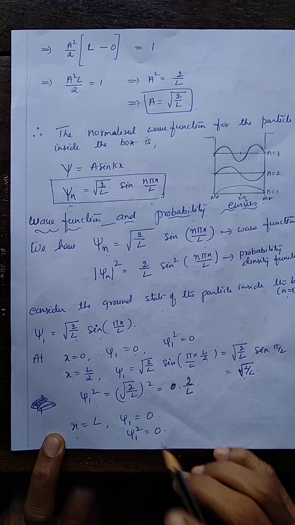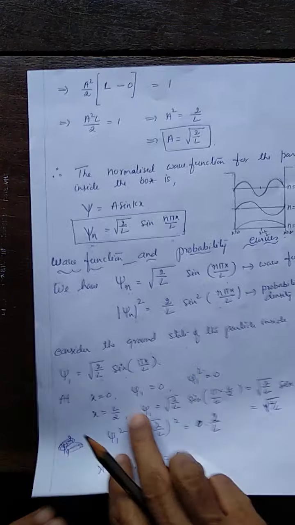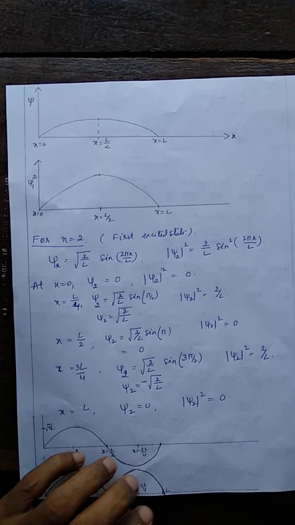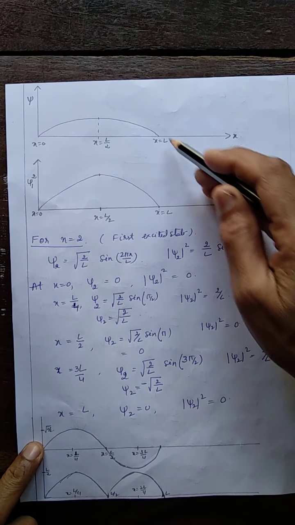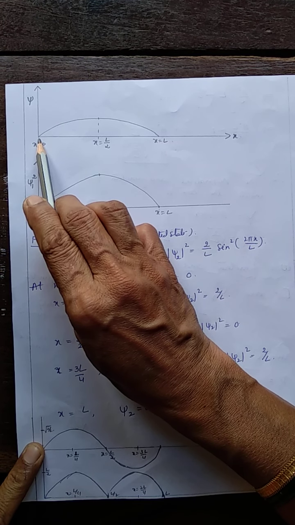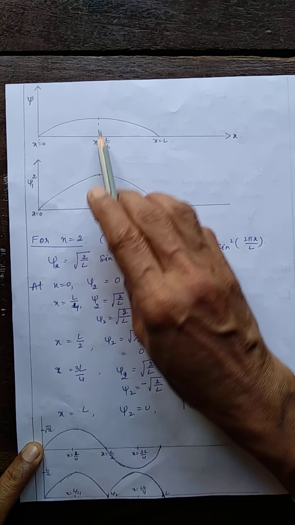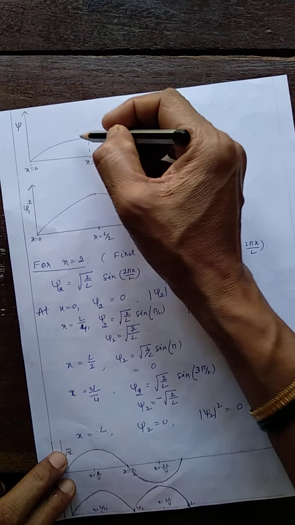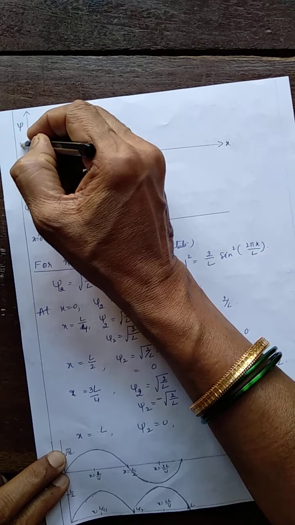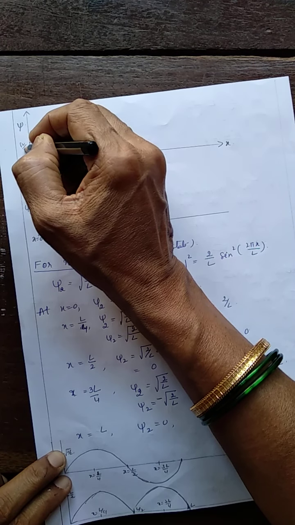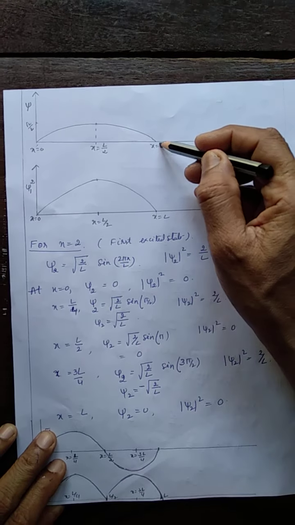Now plot the curve. When you plot psi versus x, you get a curve of this type. At x equal to 0, psi is 0. At the midpoint, x equal to L by 2, psi is maximum, and the maximum value is root 2 by L. And at x equal to L, it is 0.